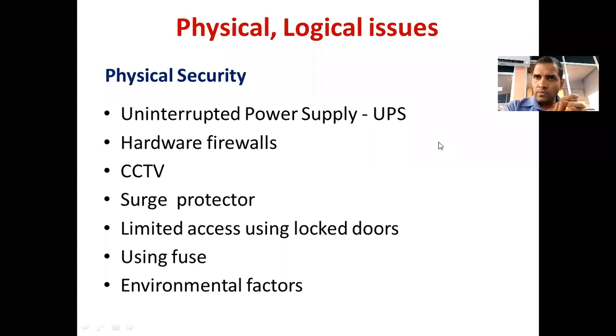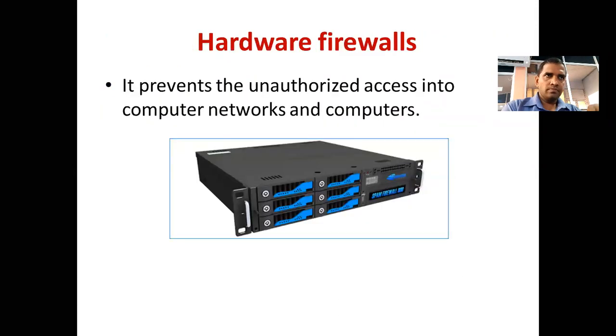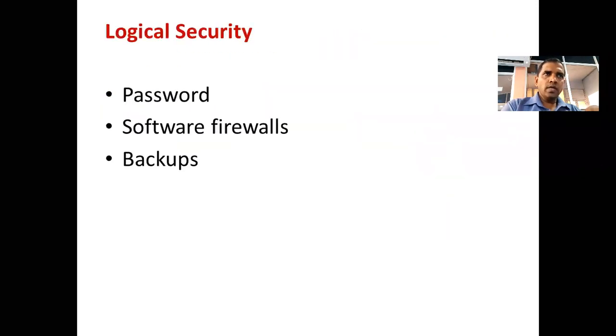These things can provide physical security. On the other side, your computer must be protected from some actions, some activities. So we want logical security. These are the logical security methods: passwords, software firewall, backups, and finally encryption.